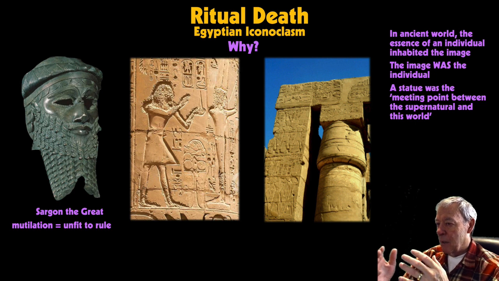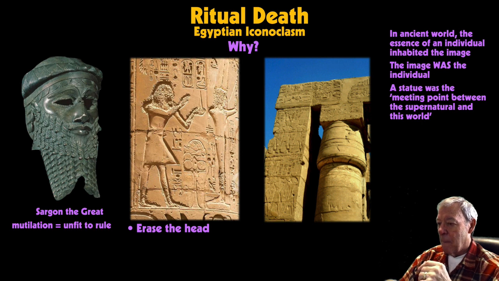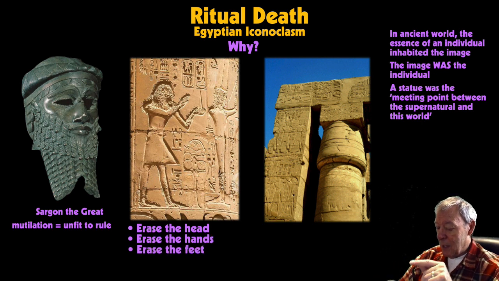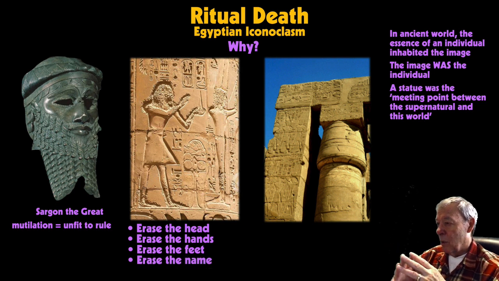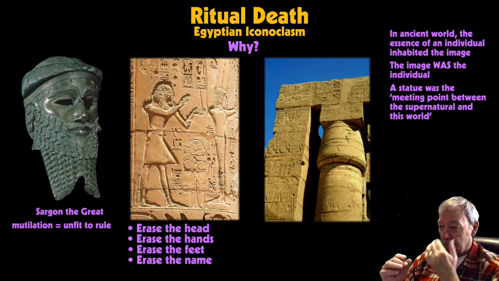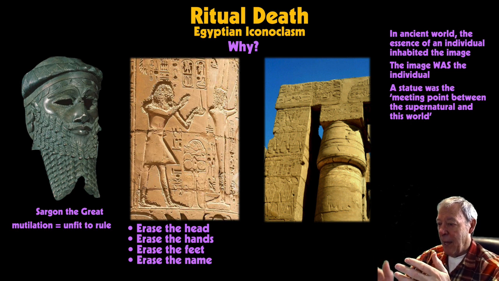So now if we look at the Egyptian sculpture, we can get the same idea. Look at what parts of the body have been damaged. We have erased the head, erased the hands, erased the feet, and erased the name in the cartouches to the right. Now what's the purpose of that?